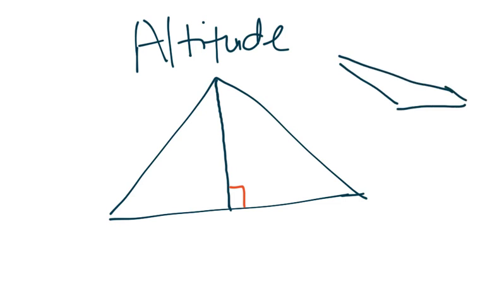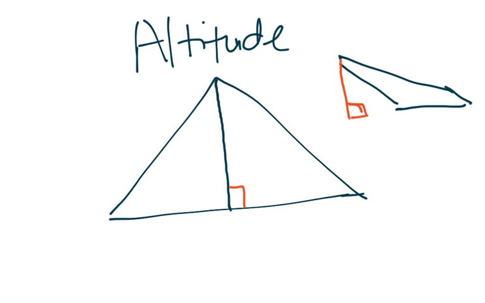Like an obtuse triangle, their altitude would be outside, because that's where the tallest part of the triangle is, and to come straight down, you don't actually come straight down inside the triangle. So altitudes could be inside the triangle or outside the triangle, or shape for that matter, any of the shapes. Trapezoids have altitudes, parallelograms have altitudes, and so forth.